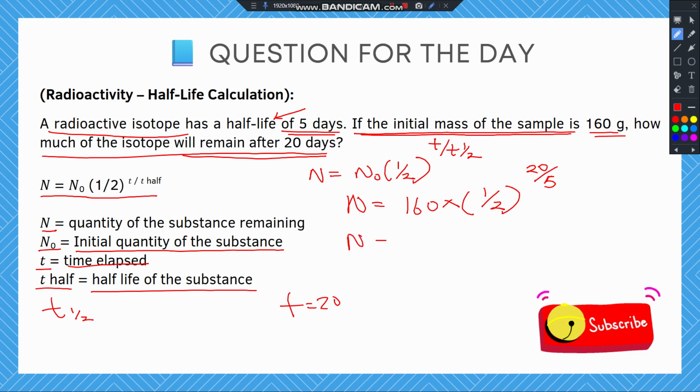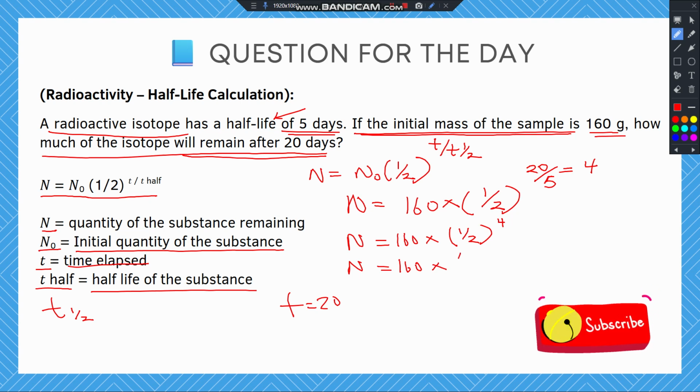So N now becomes 160 multiplied by 1 over 2 raised to the power of 4, because basically 20 divided by 5 is 4. So N is equal to 160 times half raised to the power of 4, which is the same thing as saying 0.5 raised to the power of 4, because half is basically 0.5.